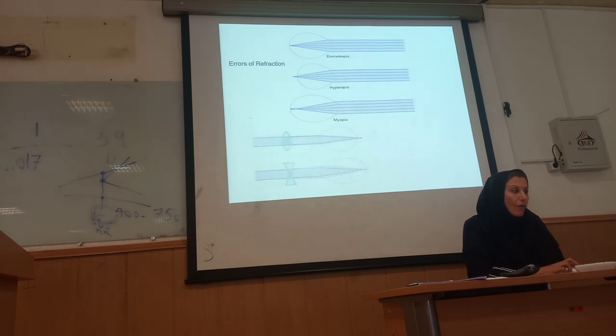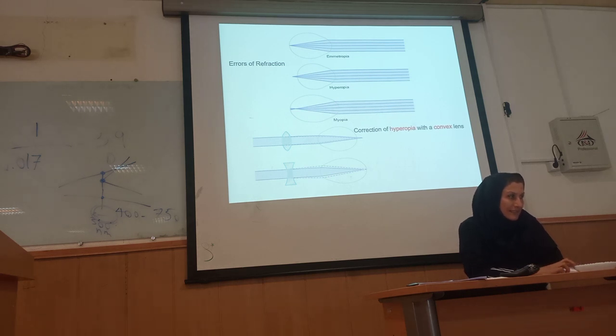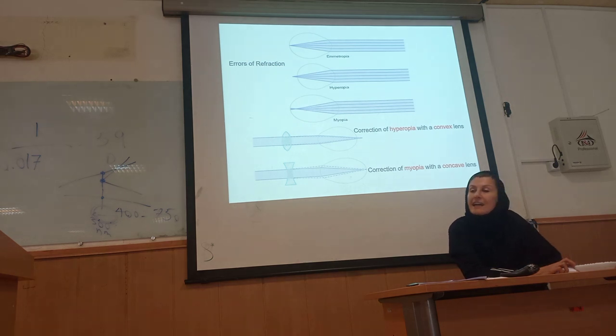For the correction of hyperopia, you need a convex lens, and for myopia, the correction needs a concave lens.